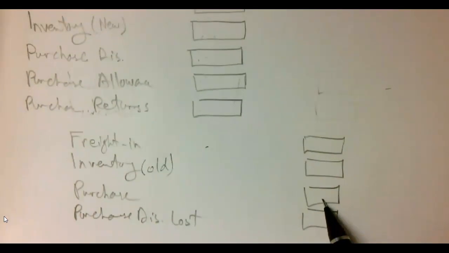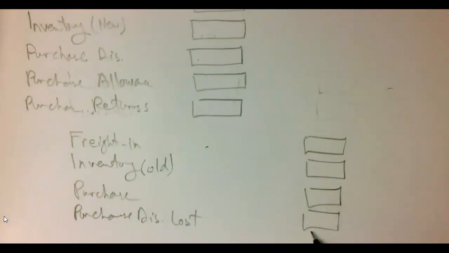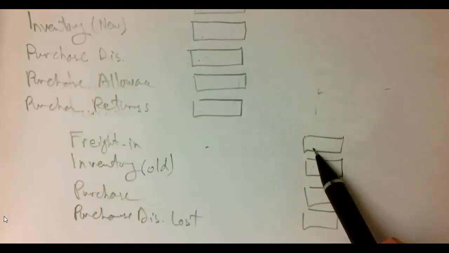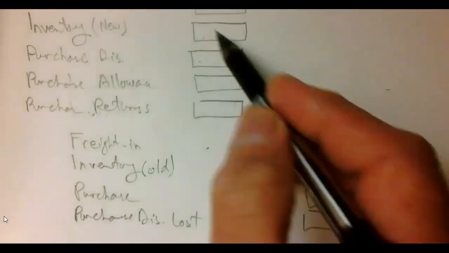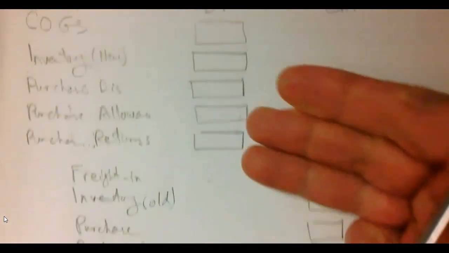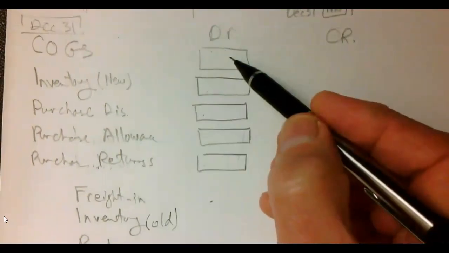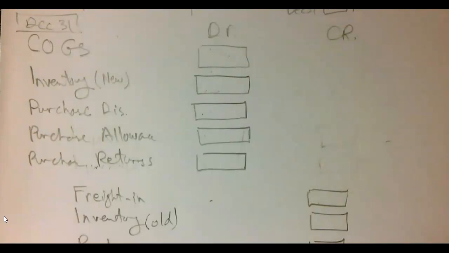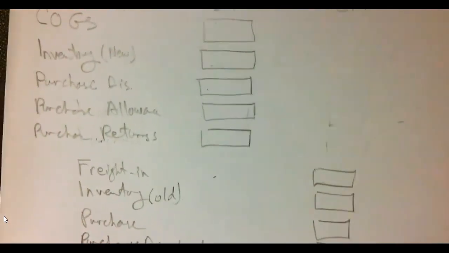Close the purchases. Also close the purchase discount loss, if any, and also close the freight in, if any, for the shipping that you paid. And the difference of these four and these four goes into cost of goods sold. And you journalize that. So this is just one journal entry.